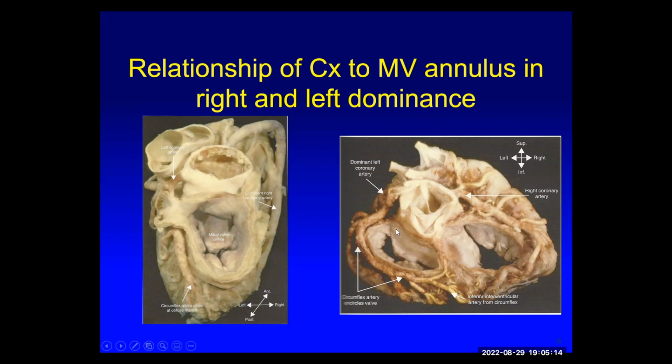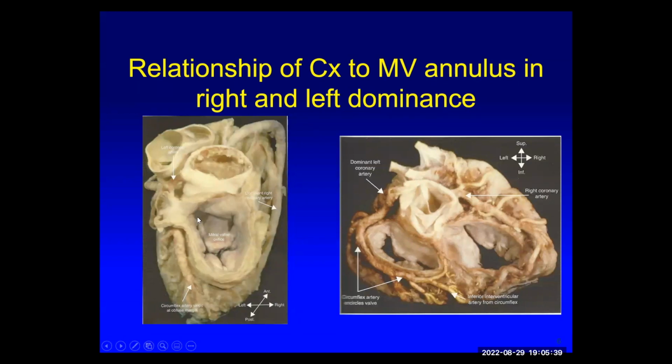Here, this is the dominant left coronary artery system, the left main stem. The LAD is going somewhere on the back, we cannot see it. Here you can see the circumflex artery that goes into the atrioventricular groove, and you can see how closely it snags the posterior annulus of the mitral valve and then goes even more distal and becomes the interventricular artery.